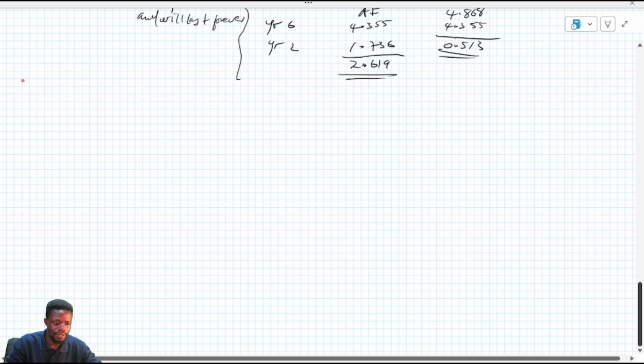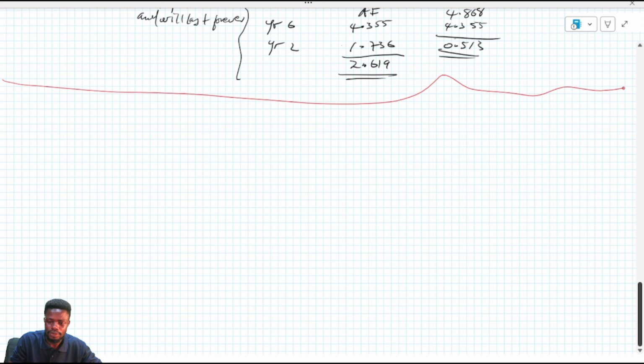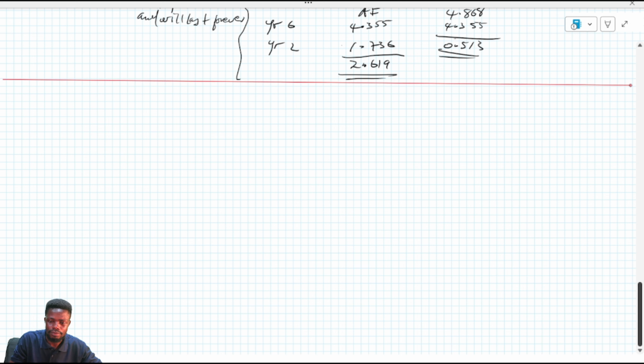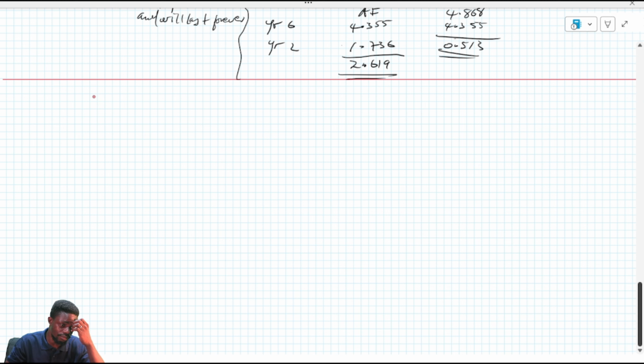So if tax is paid in arrears, this is requirement two.